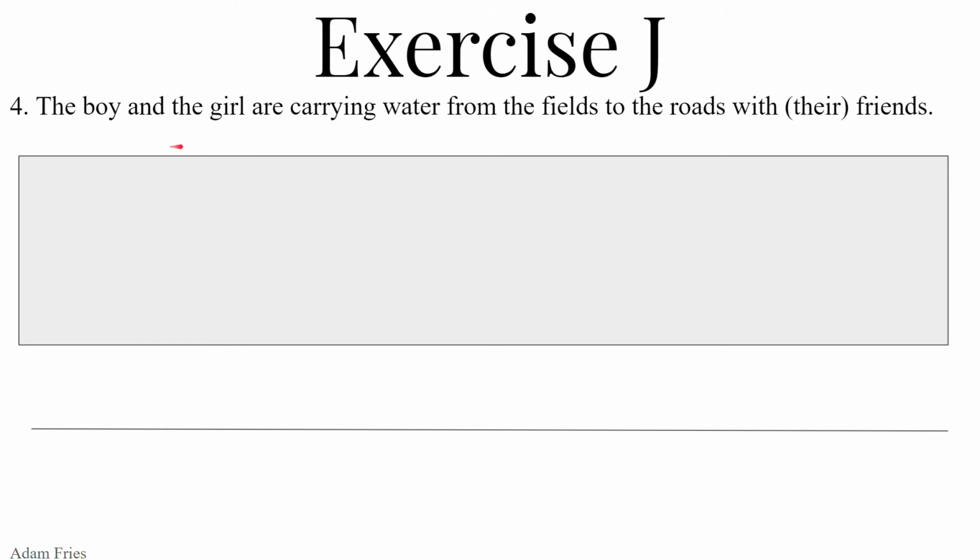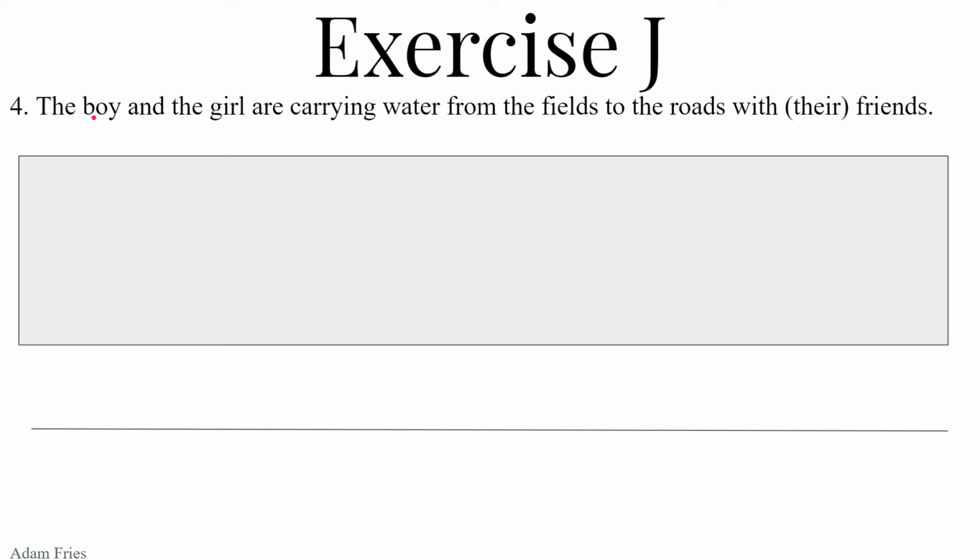Sentence 4. That's a doozy. The boy and the girl are carrying water from the fields to the roads with their friends. All right, a little bit of everything here. So the verb is are carrying. They are carrying water, so they are the subject: boy, conjunction, and girl. Boy is puer, pueri, masculine.